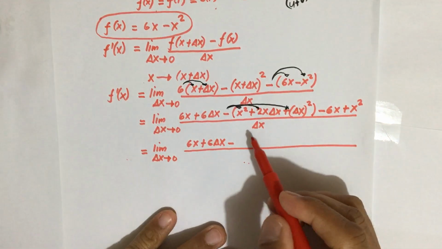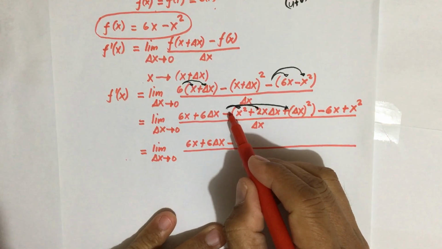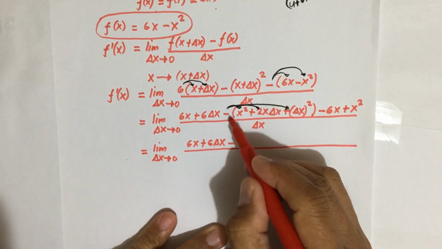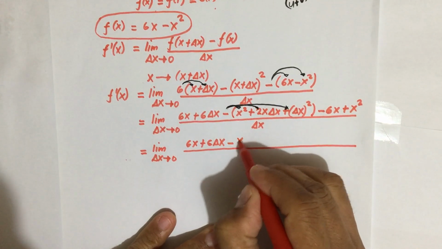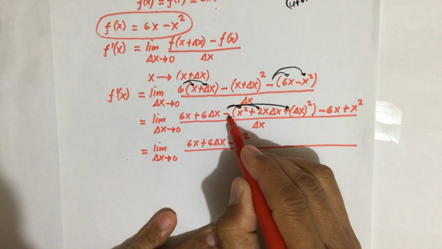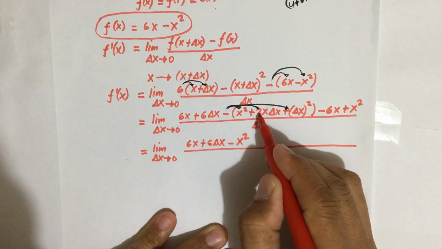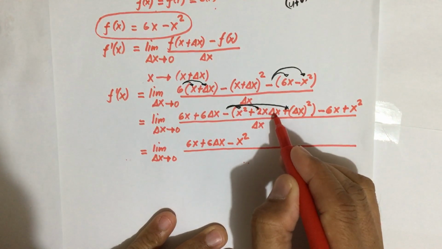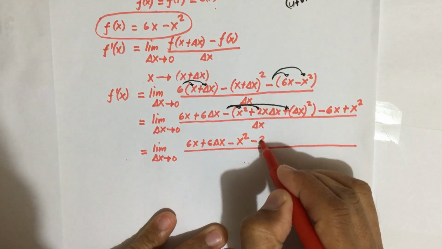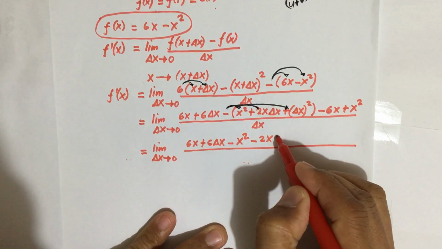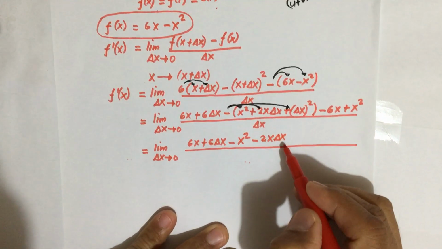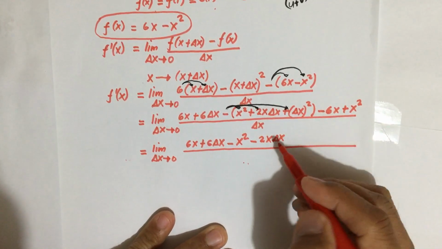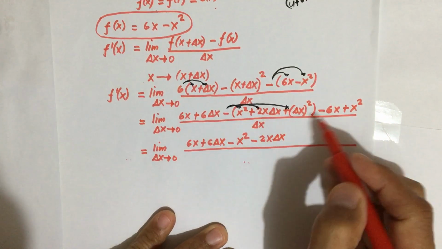So negative 1 understood to have 1 here, negative 1 times x squared, so you have negative x squared. So negative 1 times positive 2x delta x, so this will be negative 2x delta x. Okay, so while you are doing this, you have to remove the sign of grouping, this external parenthesis.